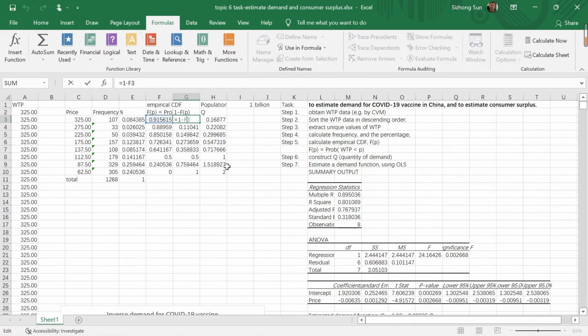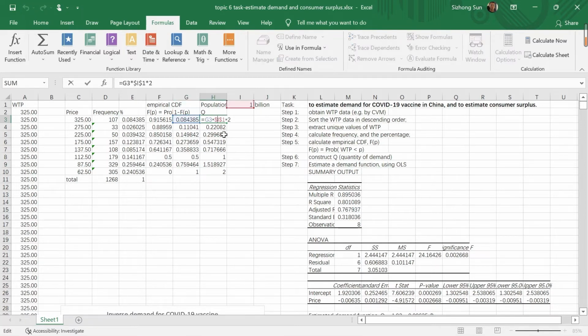Okay, 1 minus 0.9156. These are the share of people. If we set, for example, the price of the COVID-19 vaccine to be 325 yuan, then within the population, 8.4385% of people will purchase the vaccines.